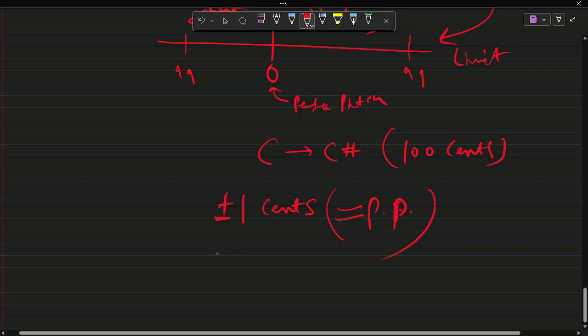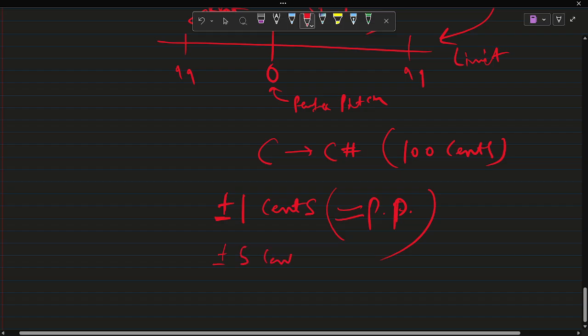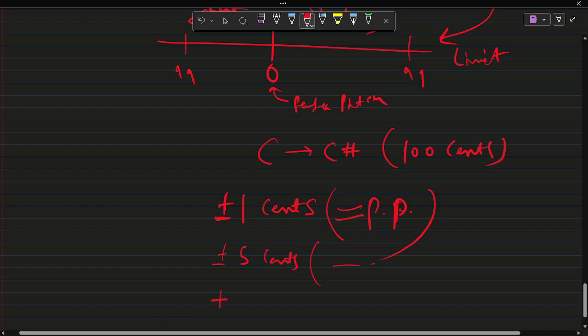So for audiences who are not actually trained, plus 5 to minus 5 cents is basically the comfortable region. And beyond that value, on the sharp side or on the flat side, may tell you that you are going out of tune. And if you go to plus 100 cents from a note, you will arrive at the adjacent note.